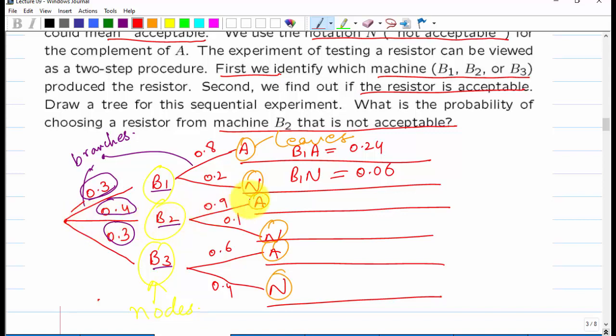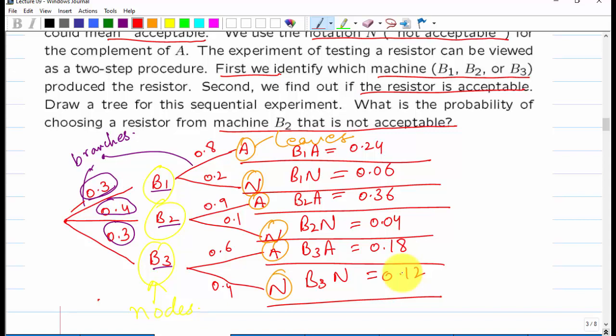Similarly B2 acceptable, B2A: the B2 branch has probability 0.4 and the acceptable branch has probability 0.9, so it will be 0.36. B2N, not acceptable, will be 0.4 times 0.1, which is 0.04. Similarly B3 acceptable will be 0.3 times 0.6, which is 0.18, and B3N will be 0.12. So these are all the probabilities.